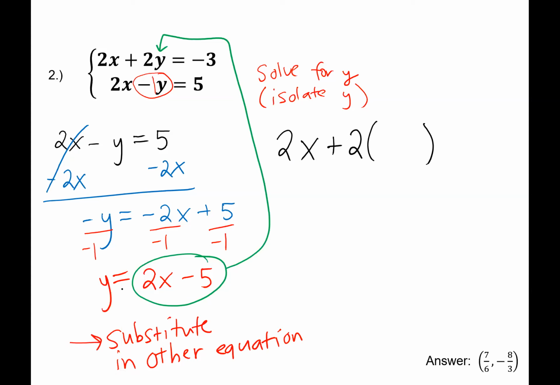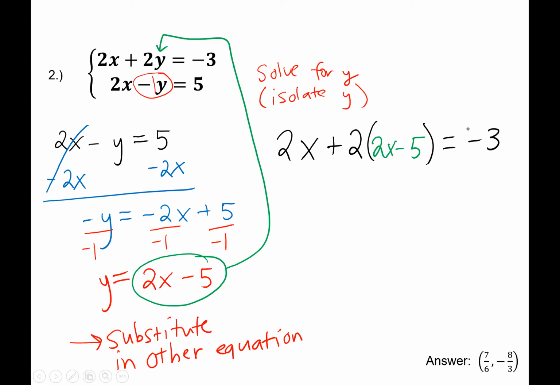Remember, we're replacing y with 2x minus 5. And we'll just finish copying the rest, which is equals -3. So putting it all together, we have 2x plus 2 parentheses, 2x minus 5, close parentheses, equals -3. And now we get to solve for x.